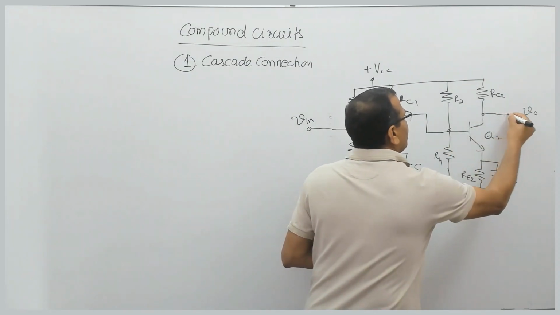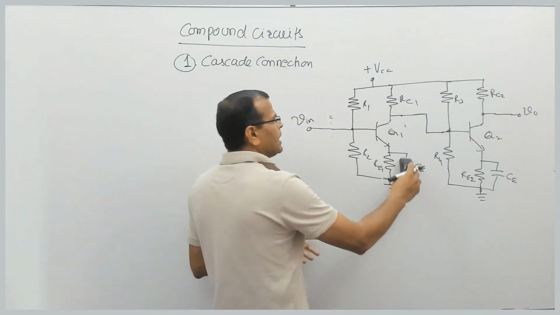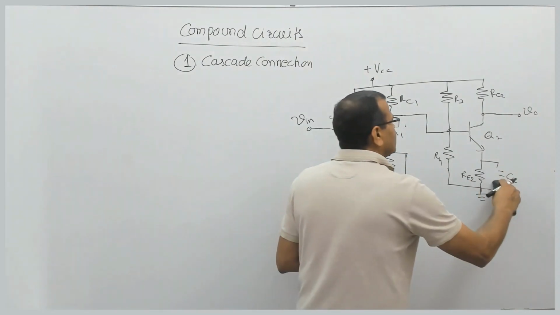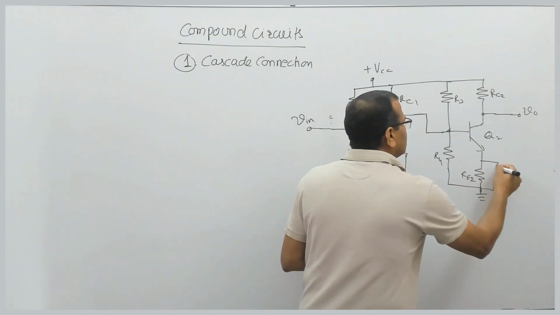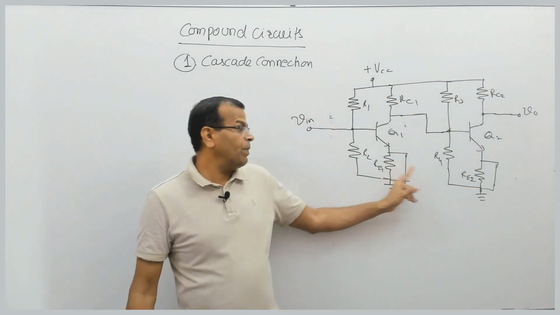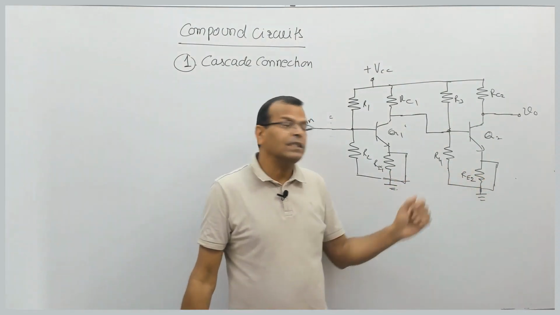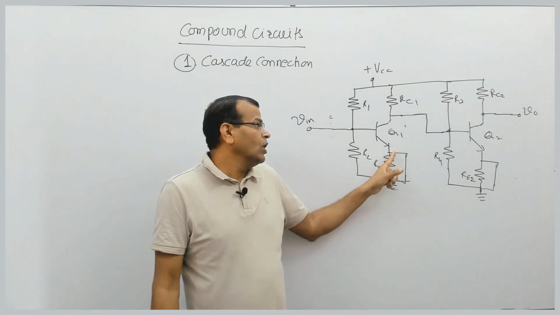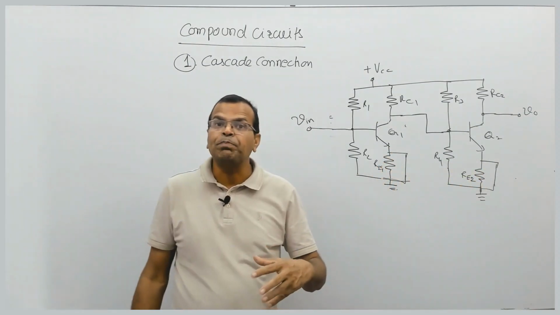Then replace the emitter bypass capacitor by short circuit, for small signal analysis I am talking about. So replace emitter bypass by short circuit. When you replace the emitter bypass capacitors by short circuit, the emitter resistances are bypassed.